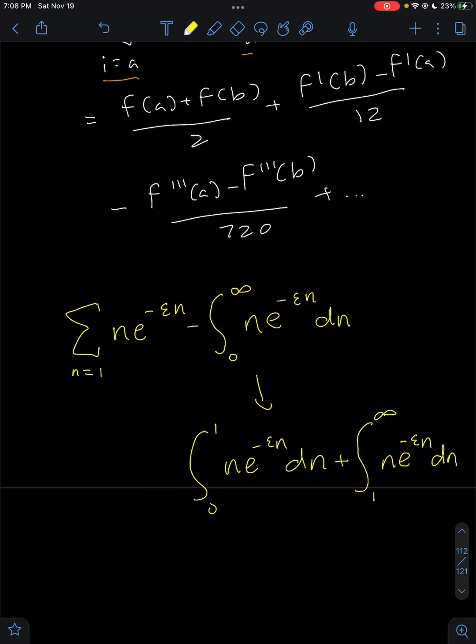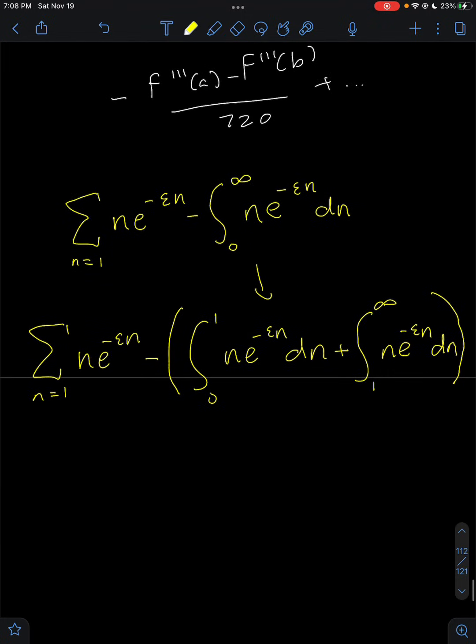So this means that this entire thing is just the summation from n equals 1 of n e to the minus epsilon n, minus this entire thing right over here. So that's just the summation from n equals 1.